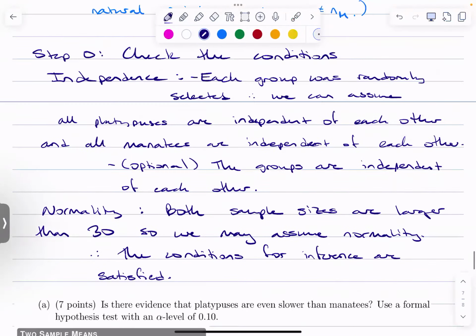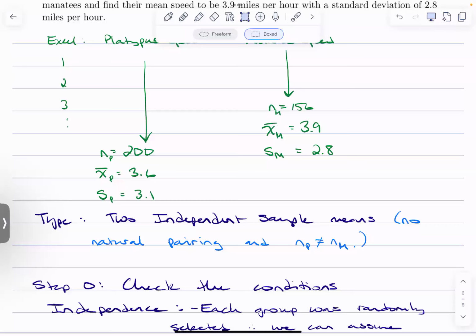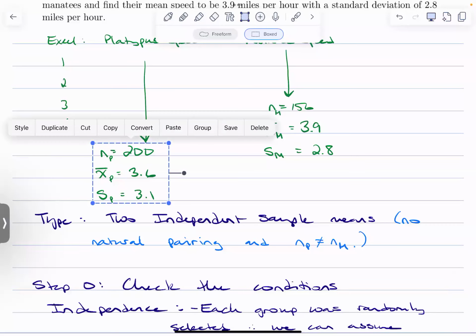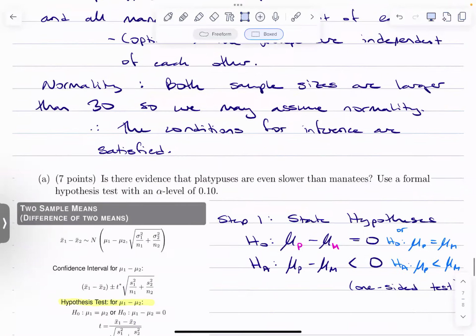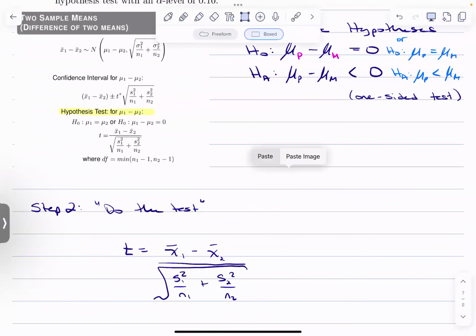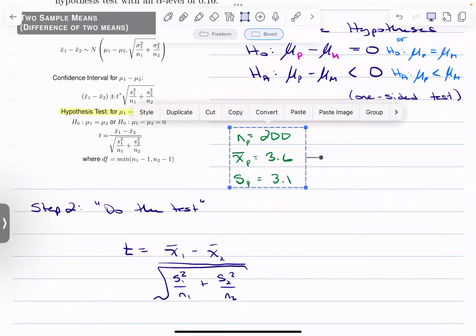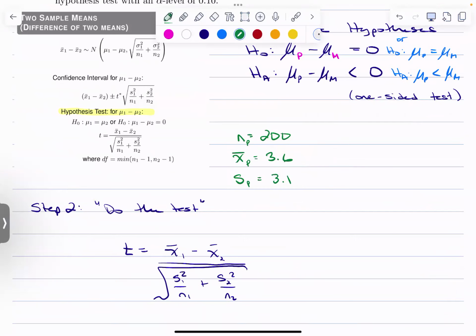So let me see if I can snag this information because we already summarized this. Copy. Paste it here. Let's say group 1 is the platypuses, and group 2 can be the manatees.